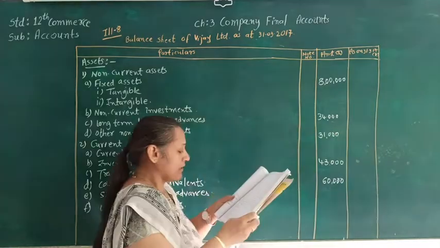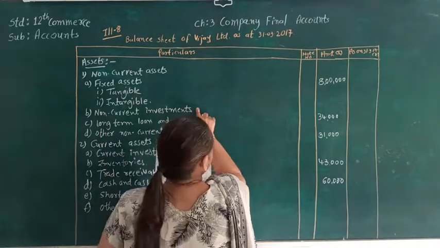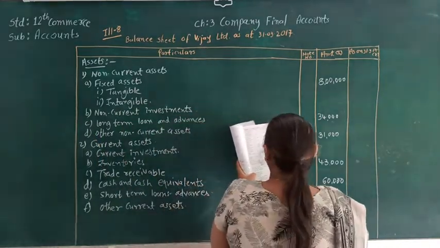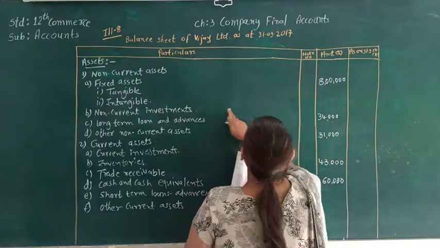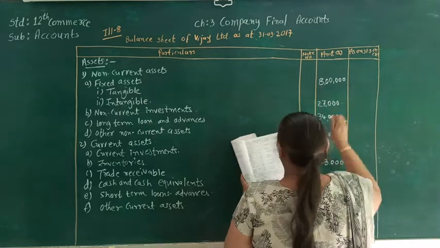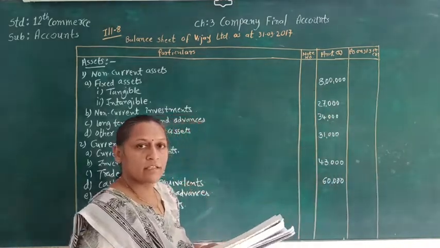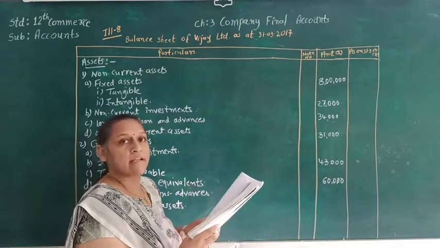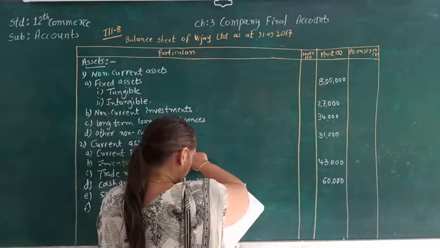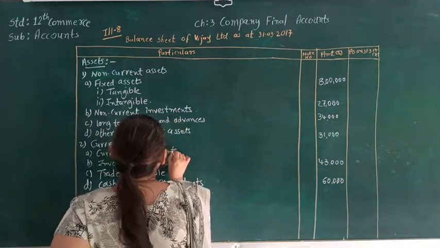After that, non-current investment. So non-current investment will be 27,000. And after non-current investment, the other investment is a current investment. So current investment we will be writing over here, and that is 29,000.